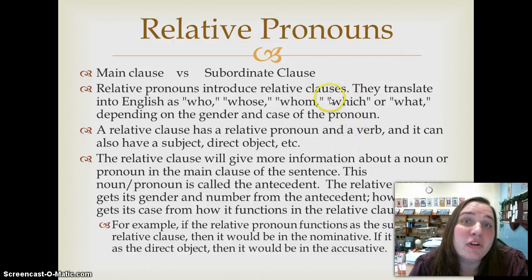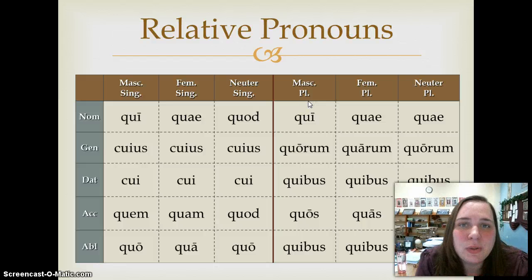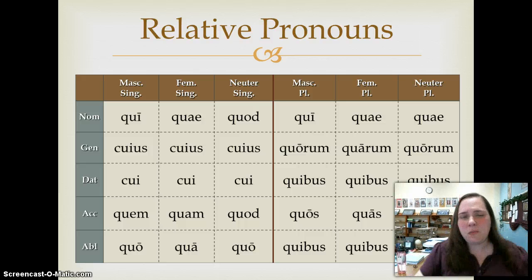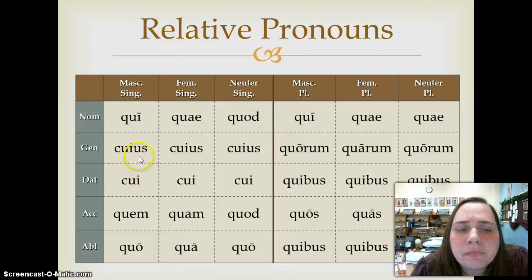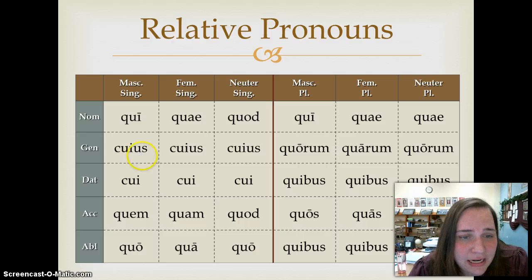Okay? Now, first things first, you have to actually learn the relative pronouns, right? You have to know what the chart is, okay? So in some ways, this is very similar to other pronouns, right? Especially in the ius ending in the genitive and the i ending in the dative.